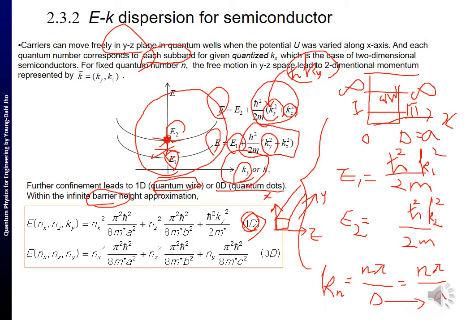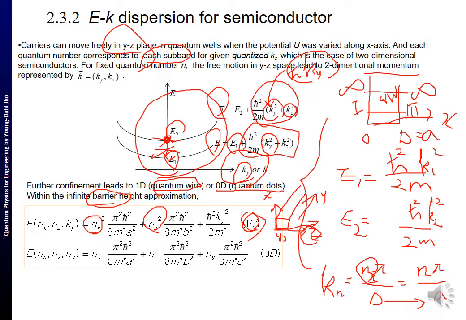so we have a quantum number along the x-axis. Okay, here nx. Previously we only had n, but now we need to have three-dimensional k. So let's set this to be nx. And let's say we have additional confinement along the z-axis, then the z-directional quantum confinement is represented by quantum number nz, okay, and the scale is b.